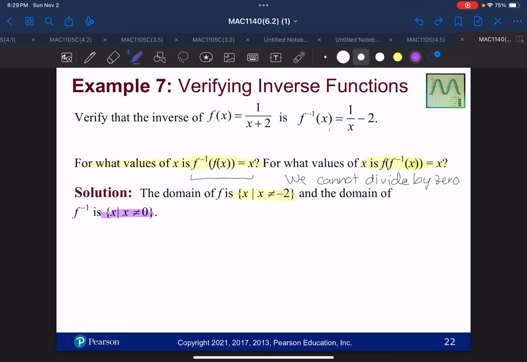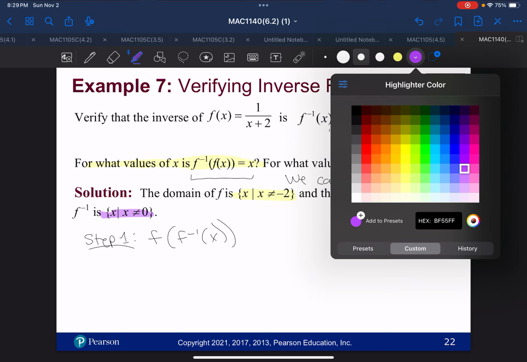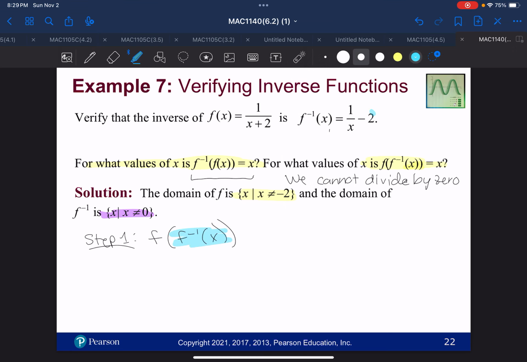So now we want to verify that these two functions are inverses of each other. So let's go ahead and find the composition. So first we'll find f of the inverse of f of x. So we will plug in the inverse function into f everywhere we see an x.